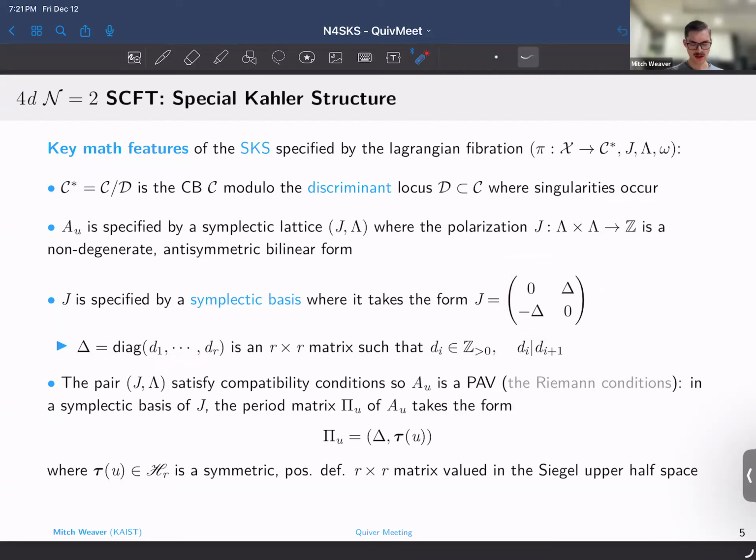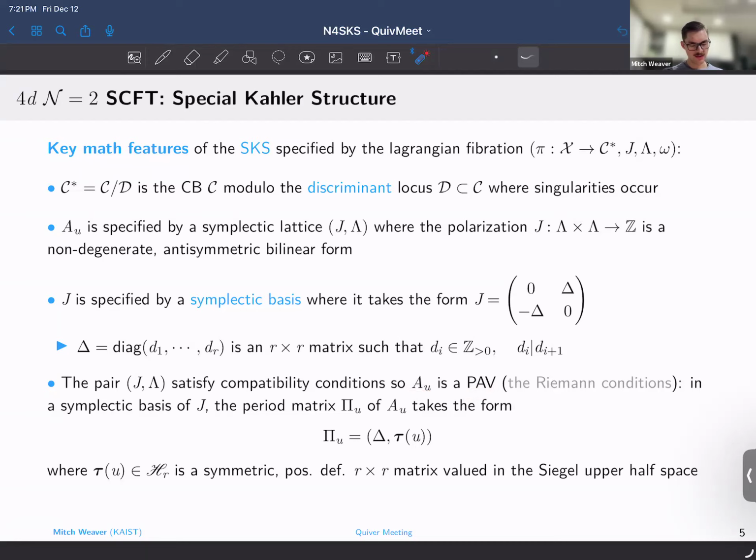And yeah, they're positive integers. So when J takes this form, it's in the so-called Smith normal form of the symplectic form. And this pair J and Λ satisfy some compatibility conditions called the Riemann conditions that define the complex torus that Λ defines, and they render it a PAV.